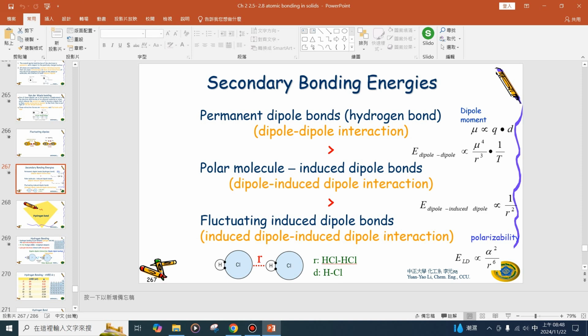The energy of the permanent dipole bonds, which is dipole-dipole interaction, will be greater than the energy of the polar molecule induced dipole bonds, followed by the fluctuating induced dipole bonds. So this is also important. I want you to remember this.